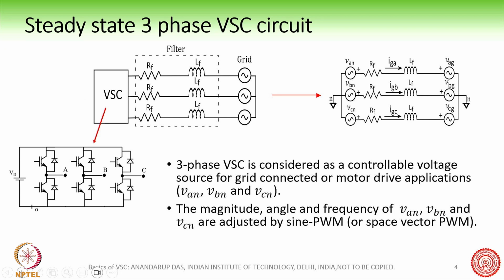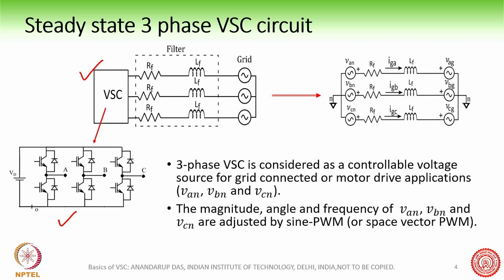If we look into what we have already discussed, a voltage source converter, in short VSC, when it is connected to the grid, can be represented by this circuit diagram, where this box, which is the voltage source converter, typically a three-phase voltage source converter, looks like this.